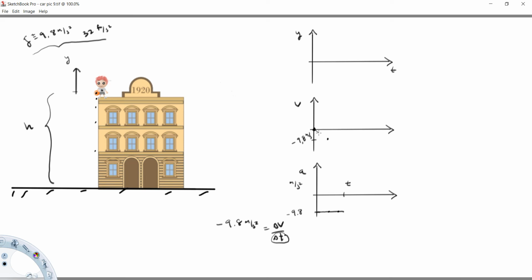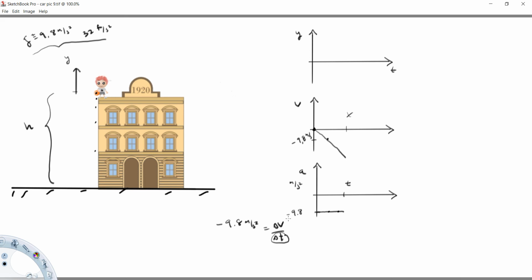So this graph is going to look something like this. I'm just going to carry it out to the same time here. Let's talk minus signs again. Very important to understand how this works. Remember, our original coordinates here are assigning up to be positive. Well, the ball's accelerating down.